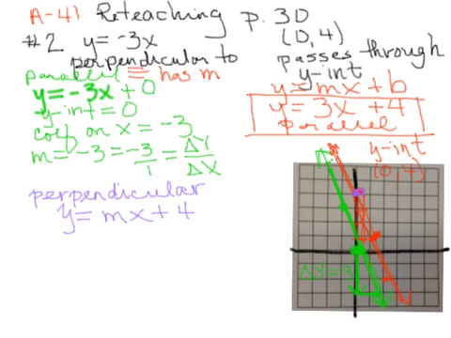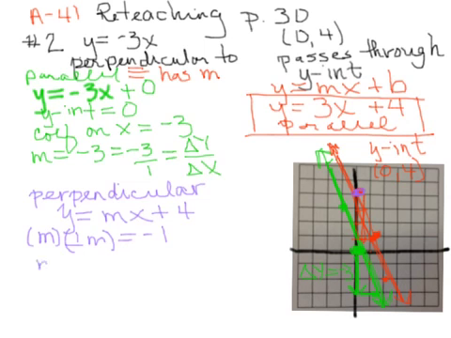So I still need to find my slope. I know that it needs to be perpendicular to an equation that has a slope of negative 3. So I'm going to take my slope times my perpendicular slope, and I know that has to be equal to negative 1.